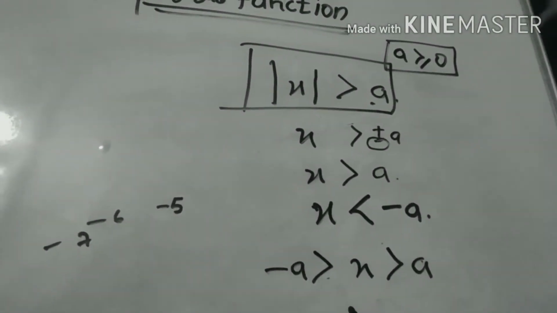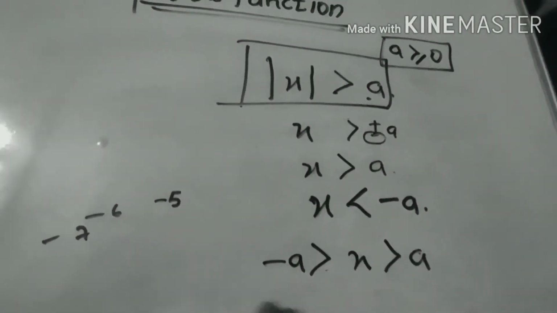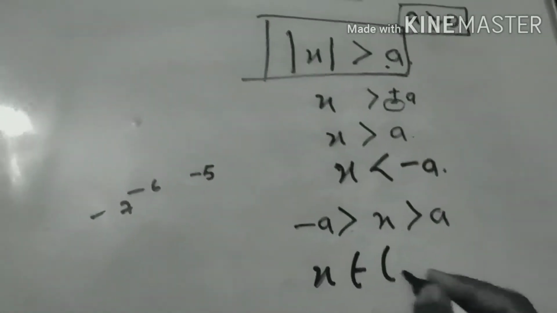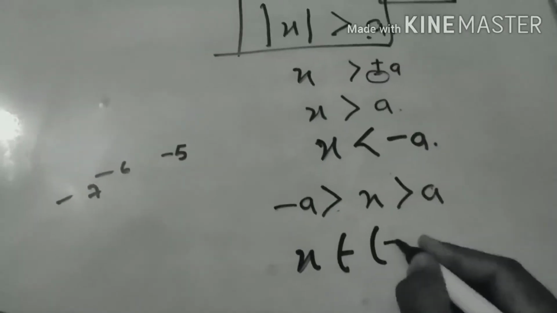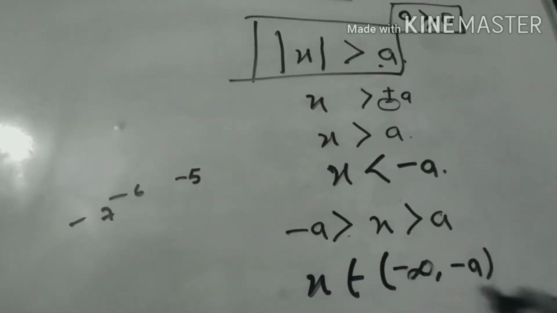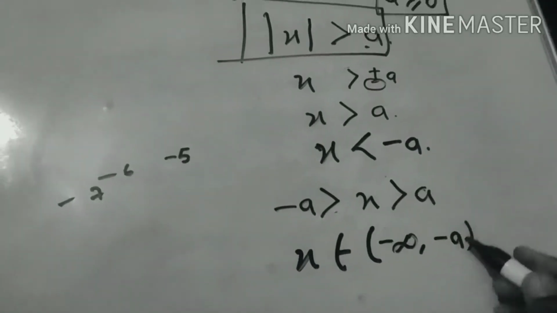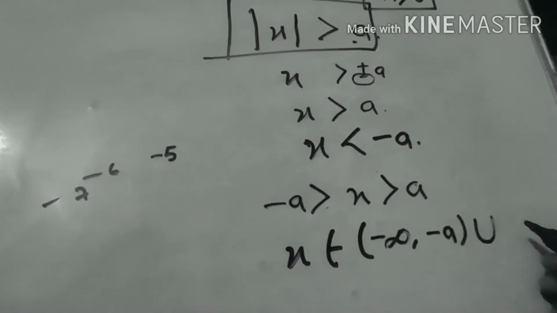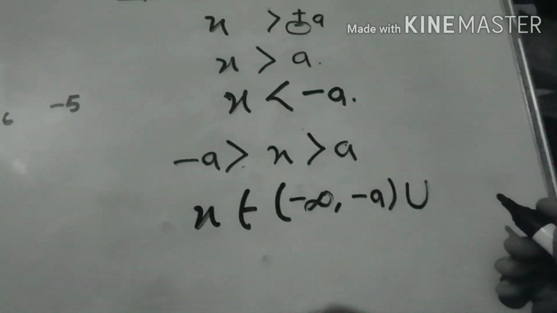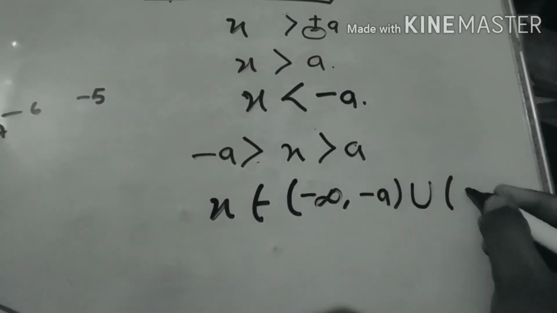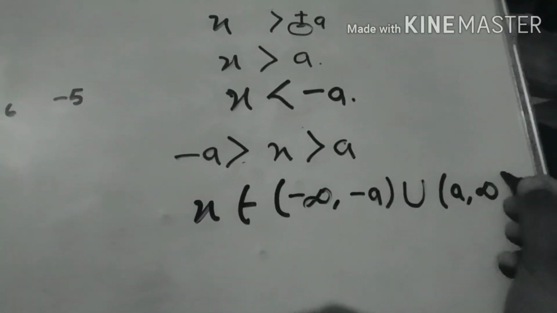So x will be less than minus a, and when we write it in set notation, we write x belongs to minus infinity to minus a in open bracket, which means that the outer values are not included. Union is a symbol of addition of intervals, and x is greater than a, which means x will belong from a to infinity.